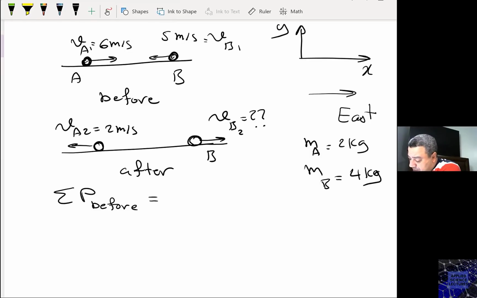So I have sigma p before as ma va1, v is positive, minus mb vb1.